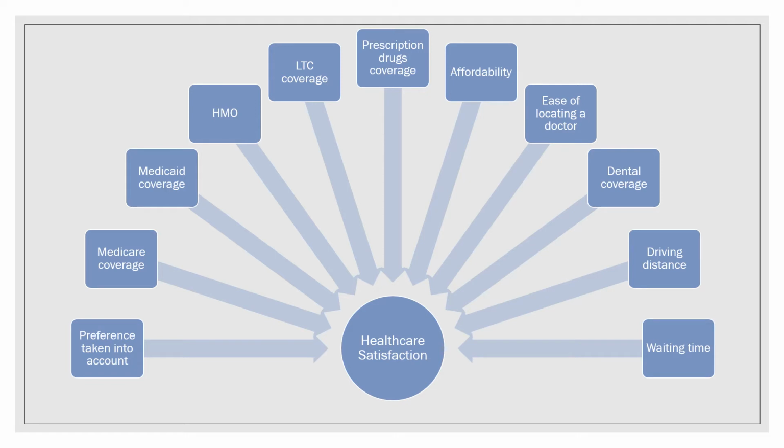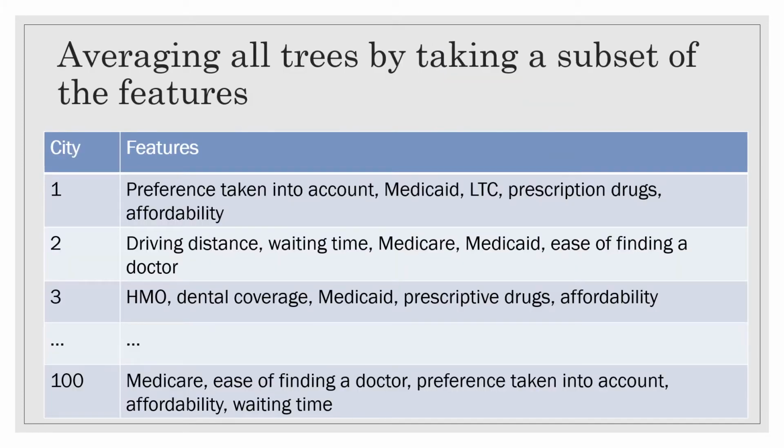So here are the determinants of healthcare satisfaction identified by research conducted in the past. A random forest is different from a decision tree because the random forest procedure averages all the decision trees.